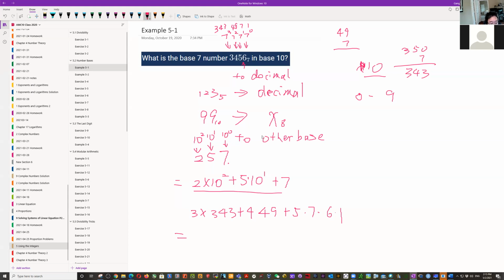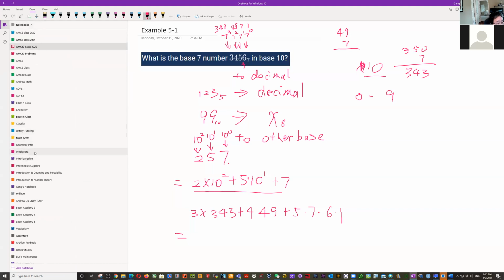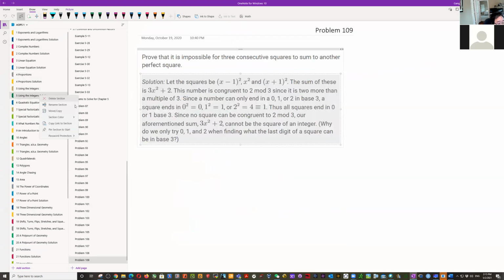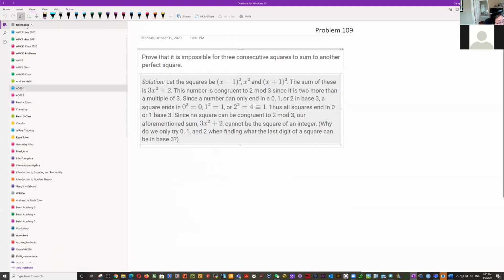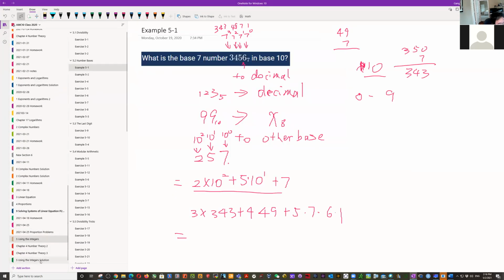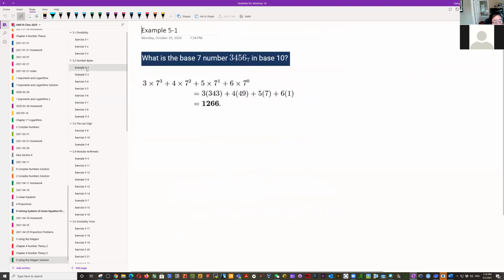Let me just cut through the calculation part, because I'm trying to explain the idea so we can go through more problems.